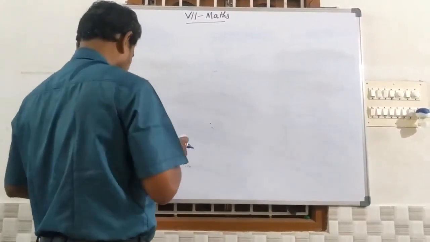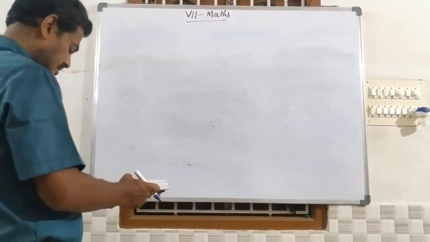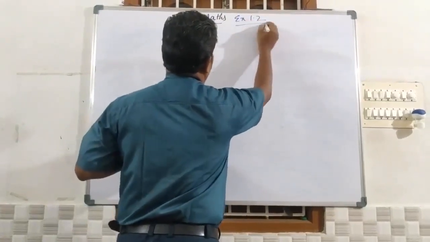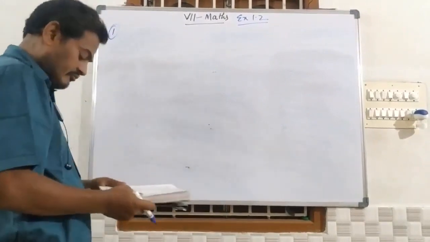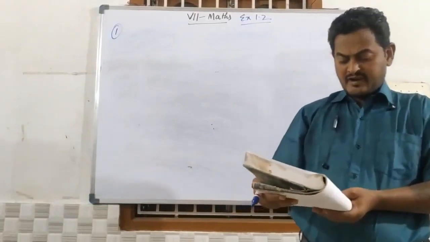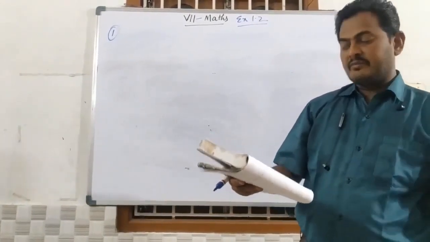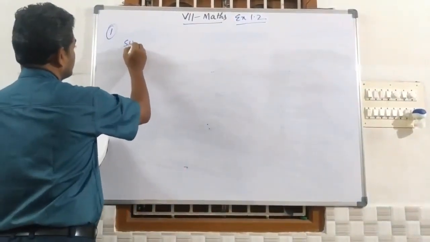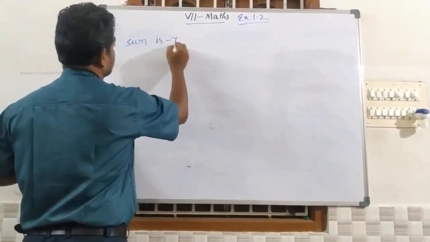Exercise 1.2. First sum. In this first sum, what is given? Write down a pair of integers whose sum is minus 7. First question: the sum is minus 7.